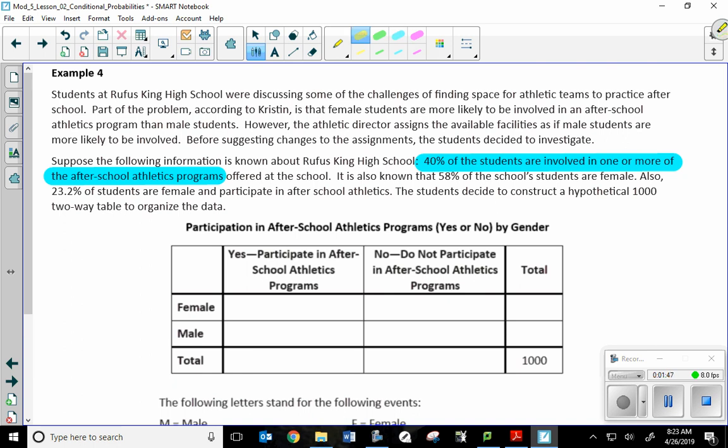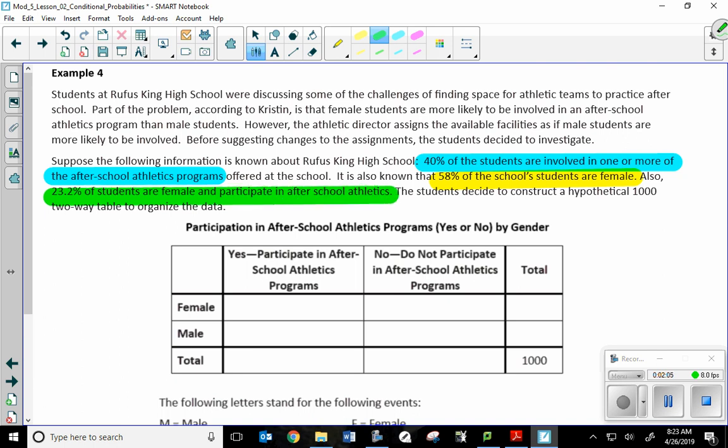It is also known that 58% of the school's students are female, all right? Also, 23.2% of the students are female and participate in after-school athletic programs.